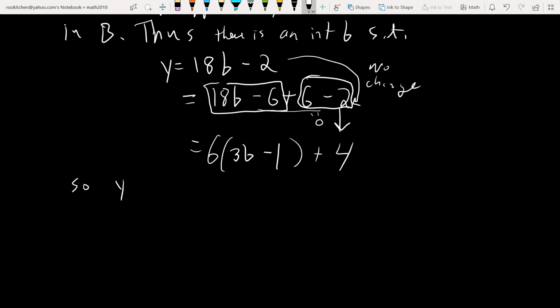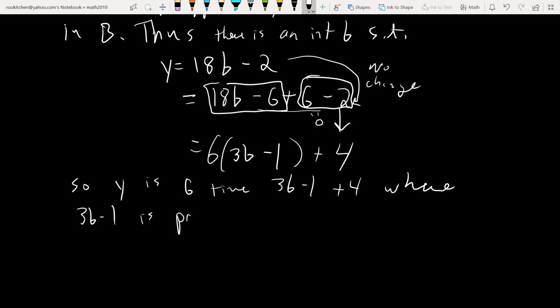So y is 6 times 3b minus 1 plus 4. And then of course you have to say where 3b minus 1 is product slash difference of ints and therefore an int.